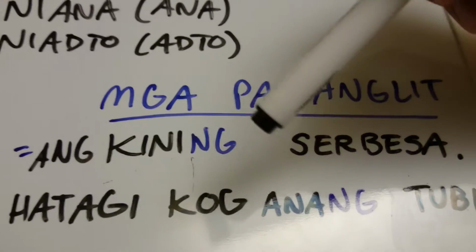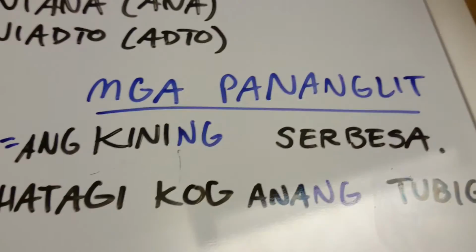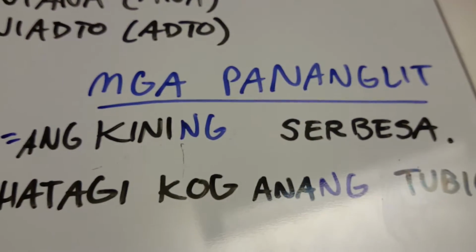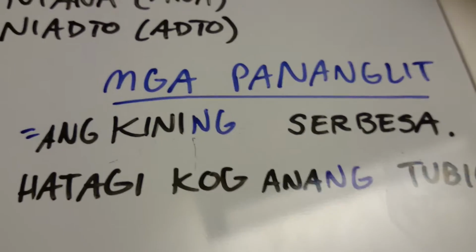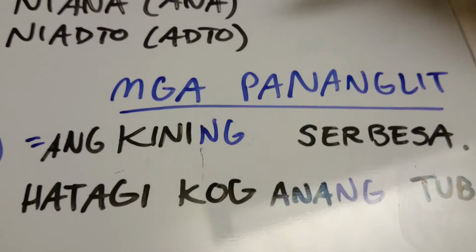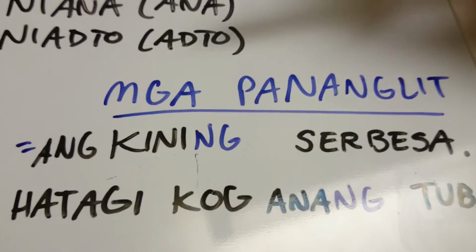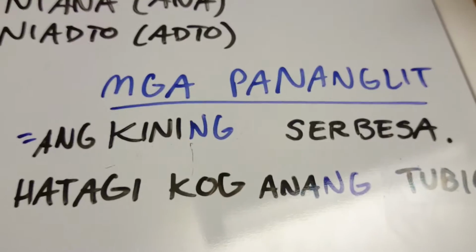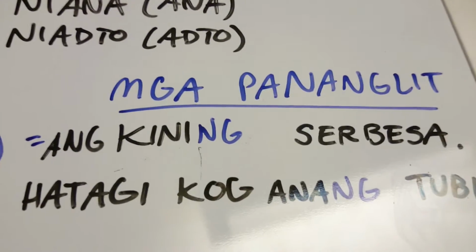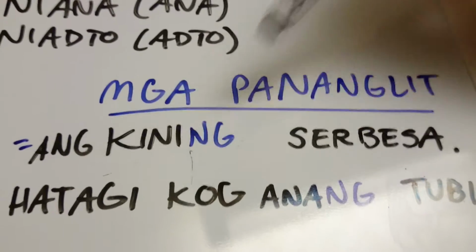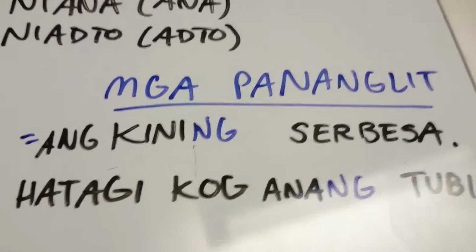So with the nga ligature, you're mostly going to see this ng. Unless people want to emphasize that it is this beer, they'll use the nga by itself: kini nga cerveza instead of kining cerveza. Both are perfectly fine to say. They both mean the same thing. And again, ang, our subject, we're talking about this beer, right?